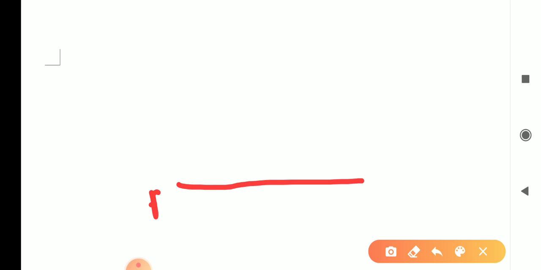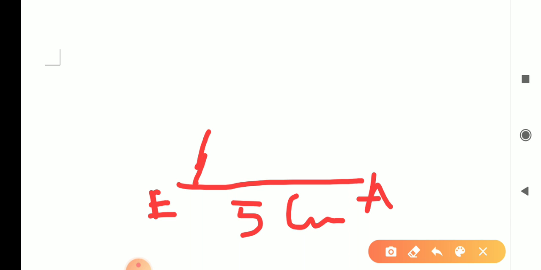First of all, we draw the line segment EA of 5 centimeter. Taking E as center, draw an angle of 60 degree with the help of protractor or with the help of compass.